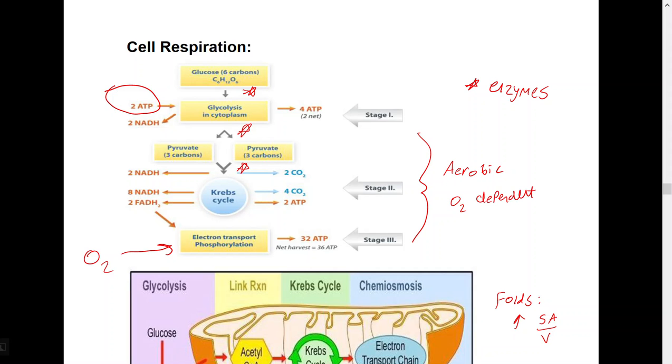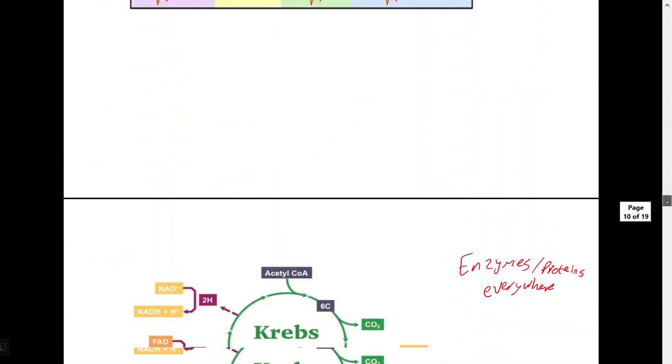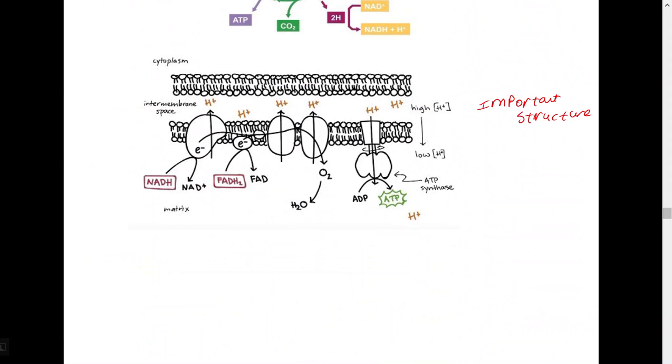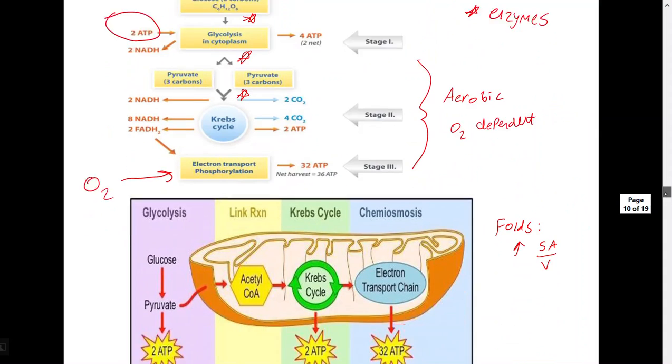So if you don't have oxygen, these parts, everything after glycolysis, will not happen, and it will go into fermentation, which is going to be bad for the organism. O2 is incredibly important in making sure this process happens, because O2 is your final electron acceptor. That's what pushes the electrons through this whole process.